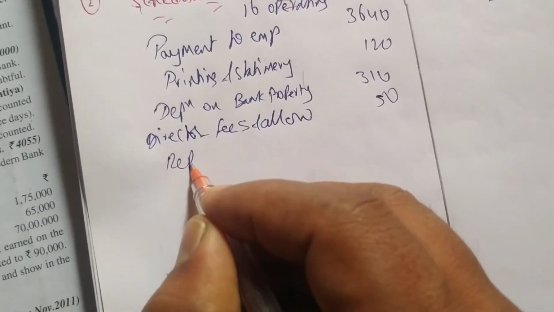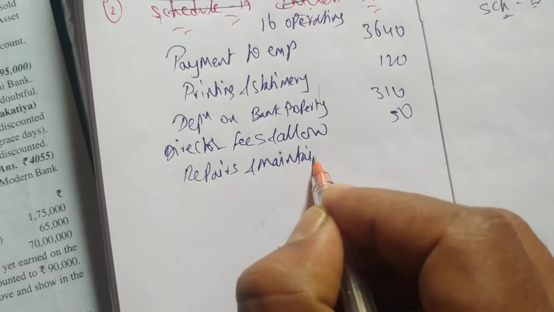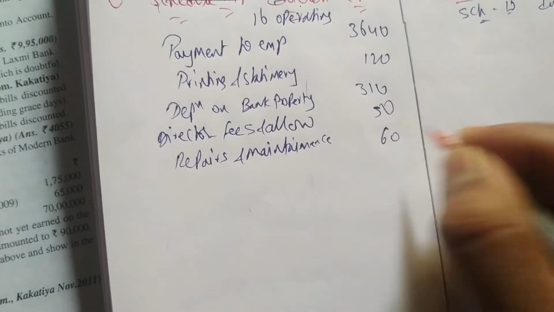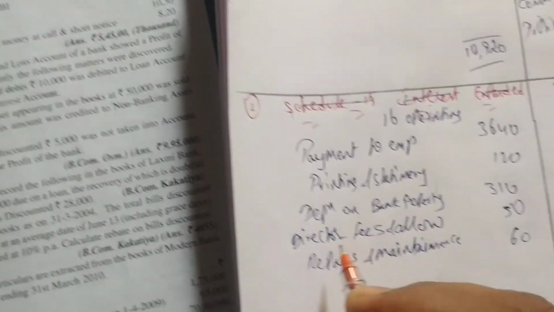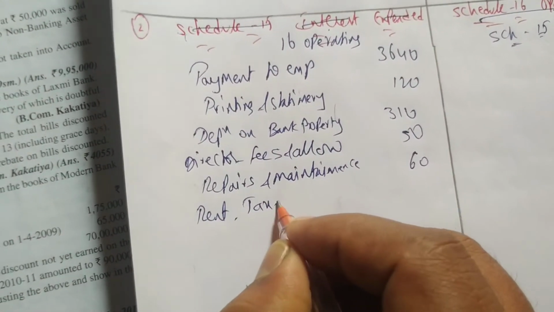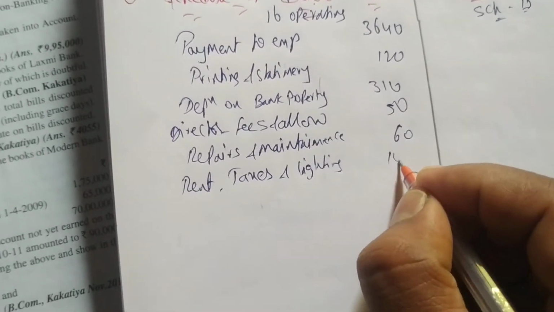Next after that we are having repairs and maintenance, that's 60 we are writing here. Okay, after that we are having rent, taxes and lighting, amount 1020.